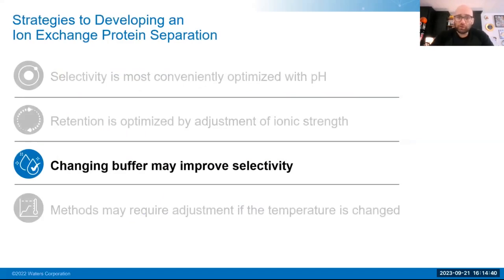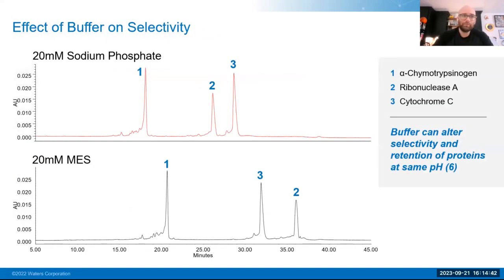Changing buffer may also improve selectivity. When we look at what buffers we can leverage here, we looked at sodium phosphate as well as MES buffers. And these do buffer over a similar pH range, but the overall range where they can buffer differs significantly between phosphate and MES.